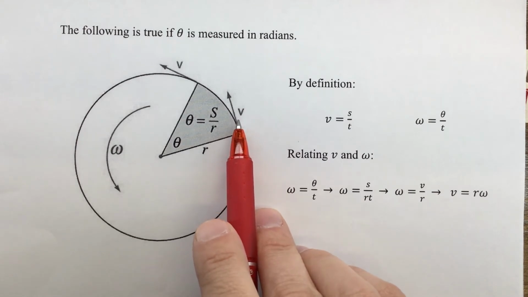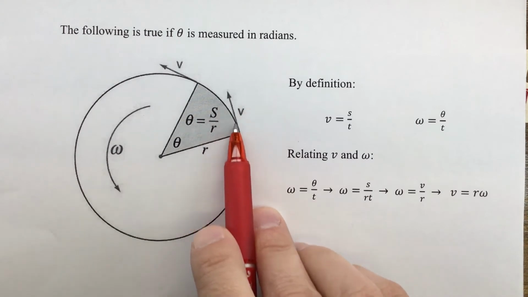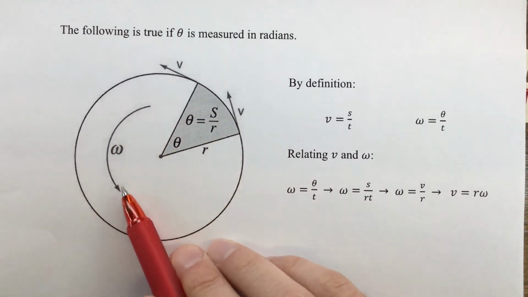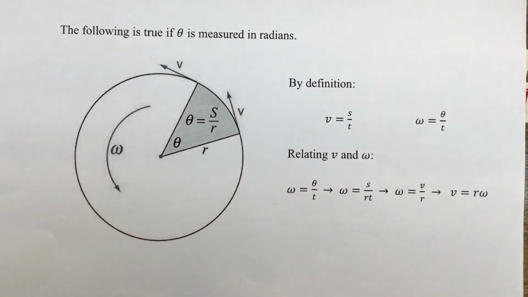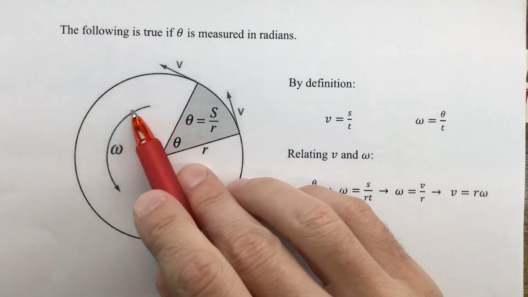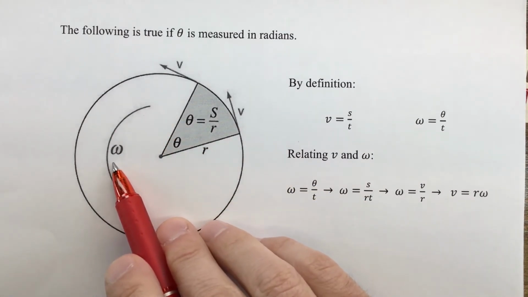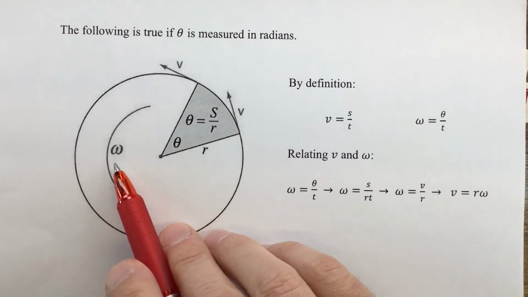That V refers to the linear velocity. Notice it has a straight line, which is why it goes with linear velocity. Inside the figure, the curved arrow represents the angular velocity, that rotational velocity. Next to that is the lowercase Greek letter omega, the variable we use to represent angular velocity.